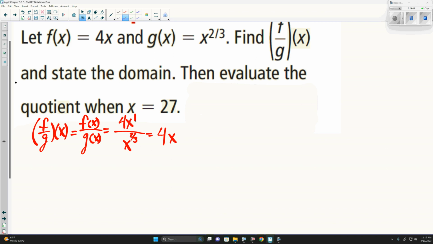Now whenever we divide like bases, we can subtract the exponents. Now we can do the 1 minus 2/3 in the calculator, which is indeed 1/3. And that's it.